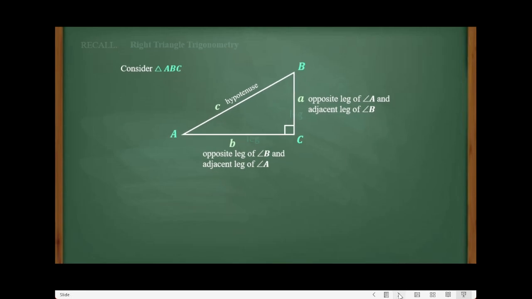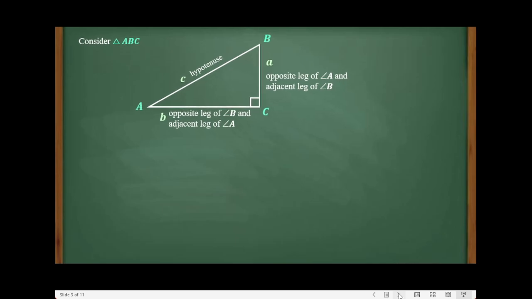Now, recalling the 6 trigonometric ratios of each of the two acute angles, we have the following.